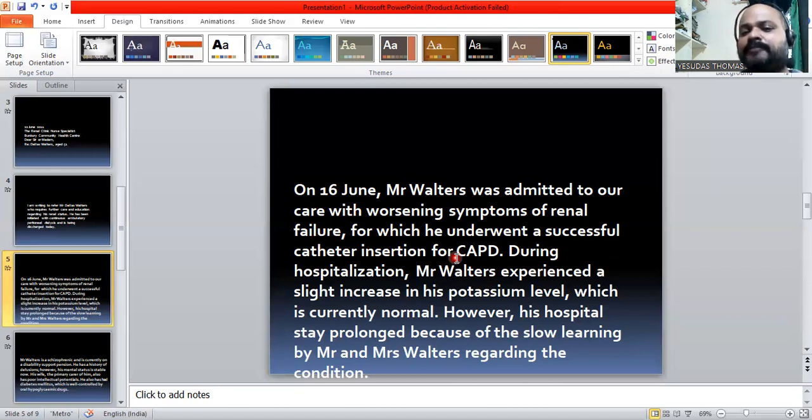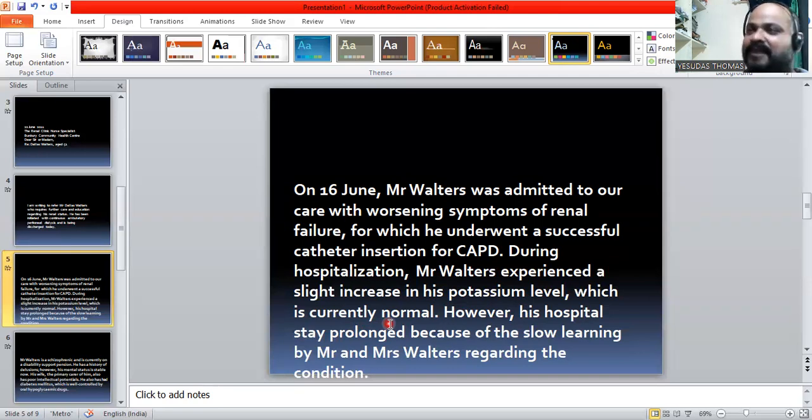We have given the expansion in the purpose paragraph, continuous ambulatory peritoneal dialysis. So every time further, you don't need to go ahead with the expansion. You can just consolidate it with the abbreviation. So during hospitalization, Mr. Walters experienced a slight increase in his potassium level, which is currently normal. Now it's normal, but we have to inform that there was a problem.